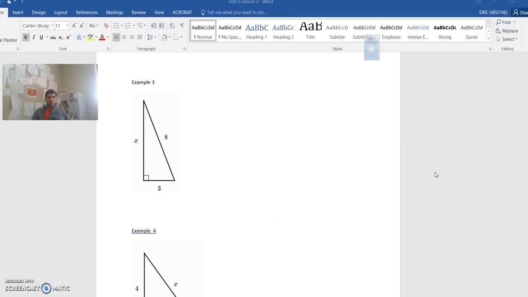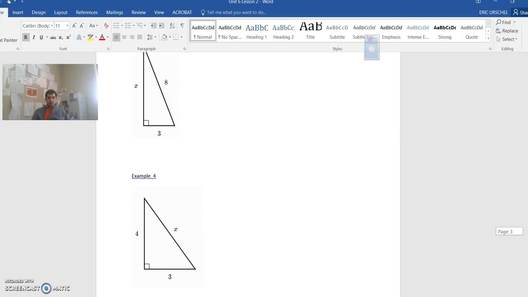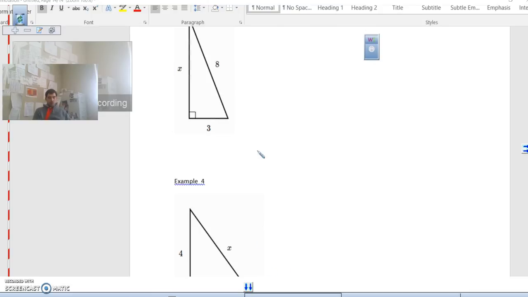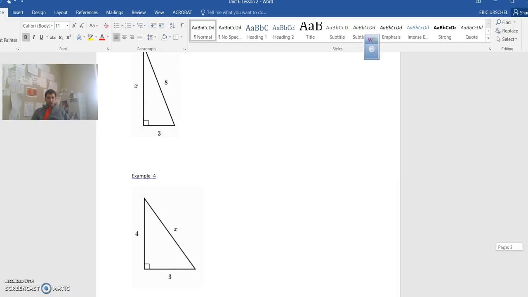The next example, example 4, we're looking at this one. We're missing the hypotenuse. We're given each leg. So we're given this leg and this leg, but we're missing the hypotenuse.